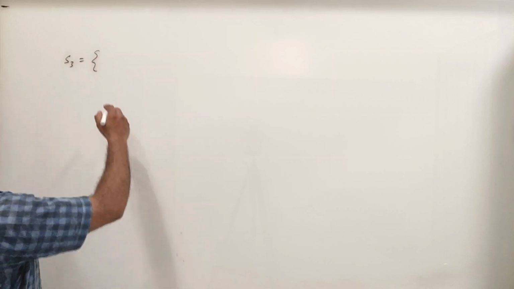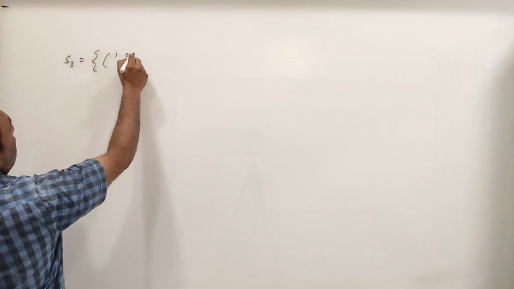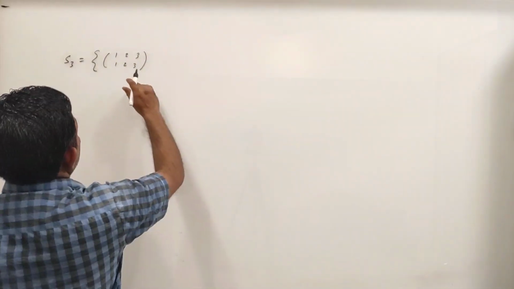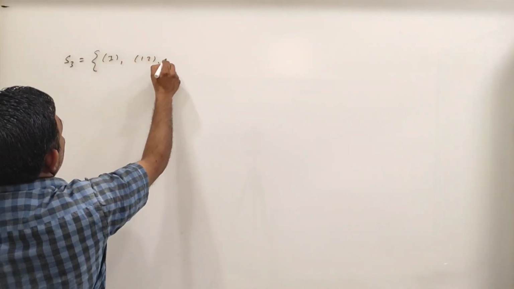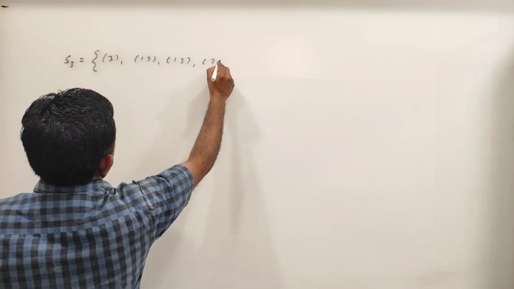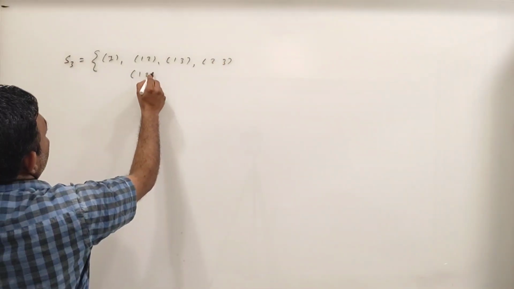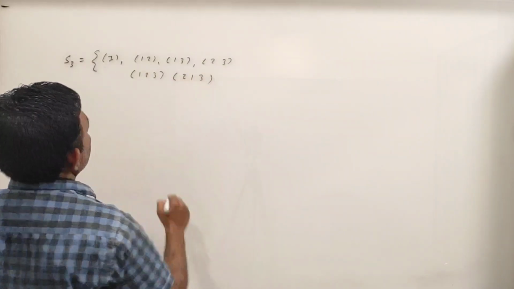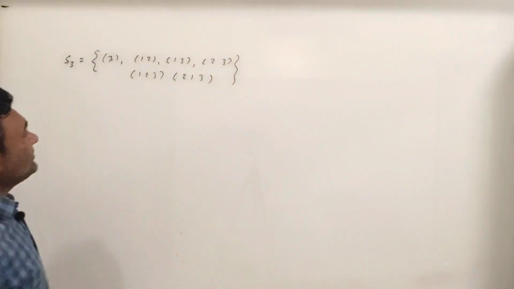So S3 consists of, let me write it this way: identity, 1 2, 1 3, 2 3, then 1 2 3 and 2 1 3. So there are 6 elements. So this is my S3, right?